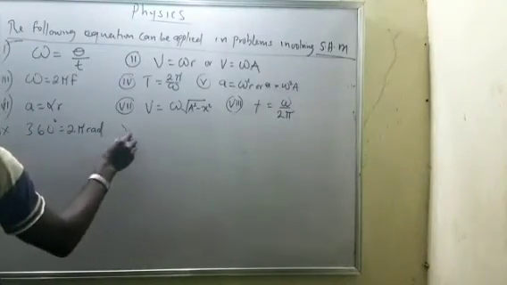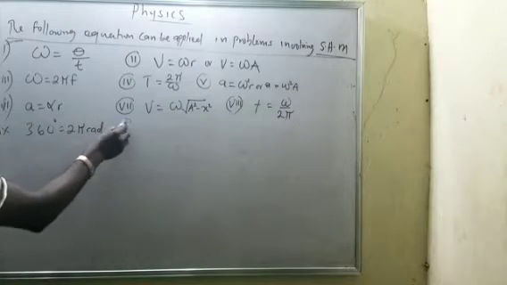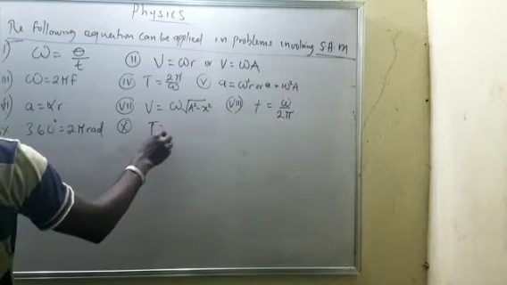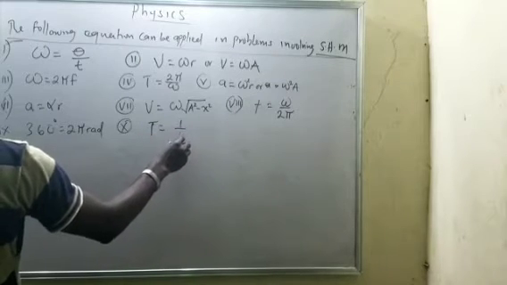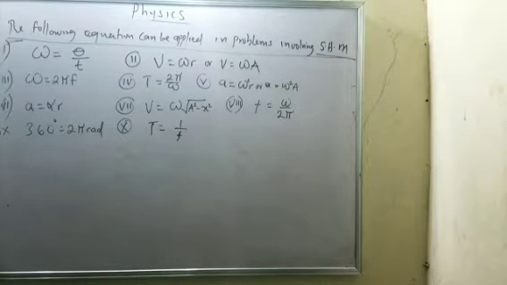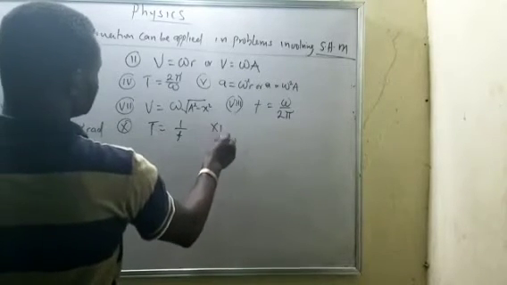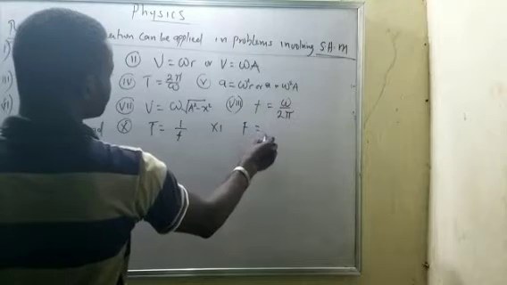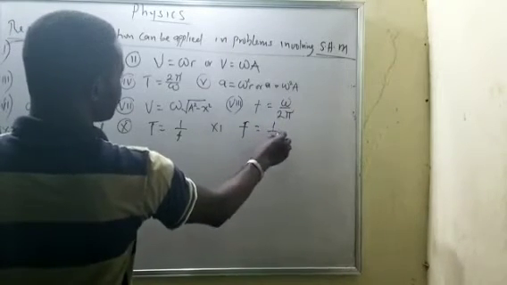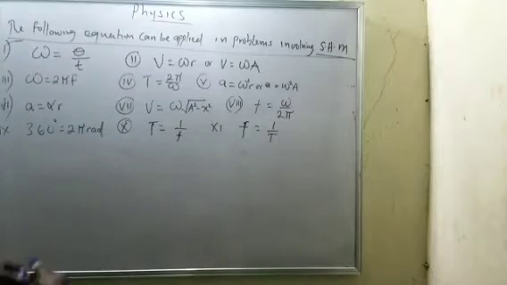My number 10, can also be called my period, equals 1 all over what? Frequency. My period equals 1 over frequency. And also 11, my frequency can also be equal to 1 all over period, which we have shown earlier.